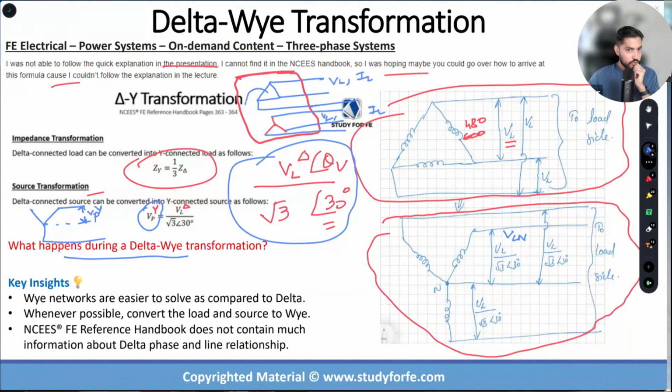So when I do this transformation, basically for calculation purposes, I'm coming up with the equivalent Y phase voltage. As far as the terminals that are sticking out, and the line voltage and the line current appearing over there, it remains the same.